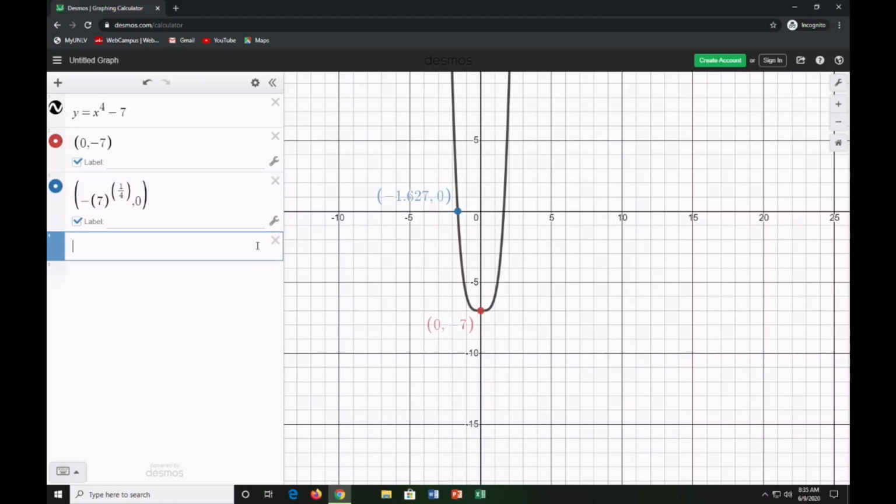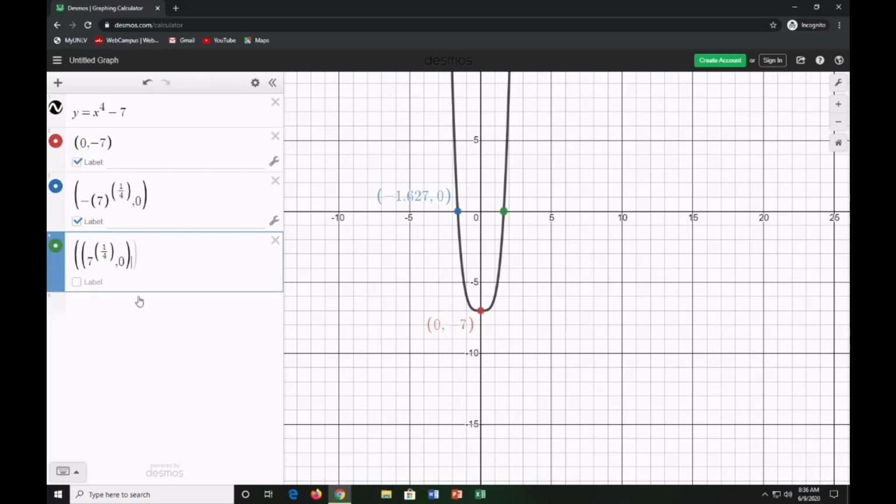So let's do the same thing on the right hand side. So we have positive 7 raised to 1/4 power, and then comma 0. So right there.